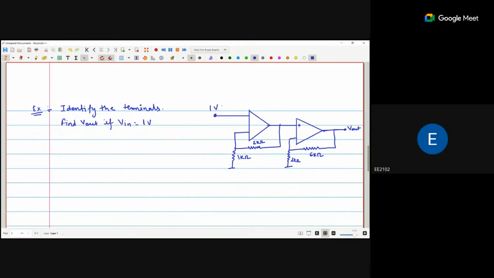Just identify the terminals. Anyone identify the terminals?